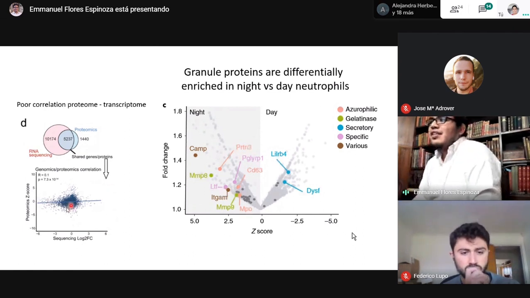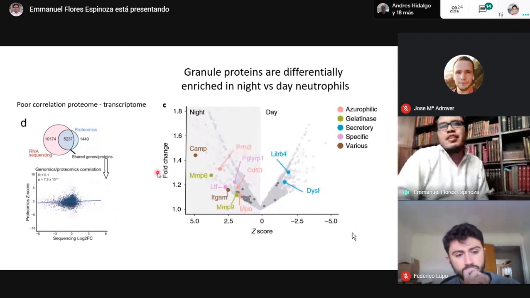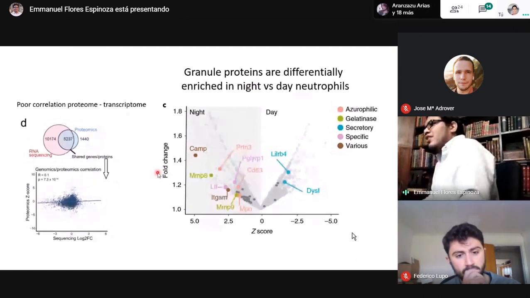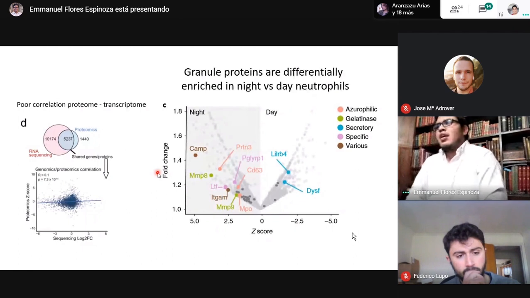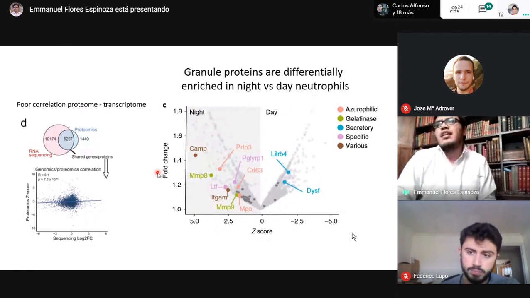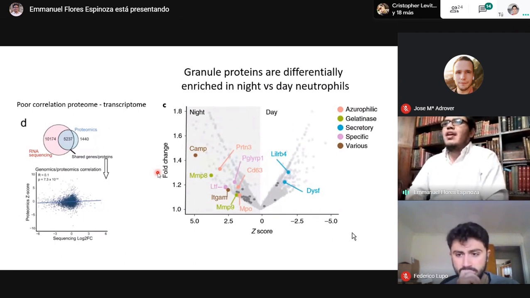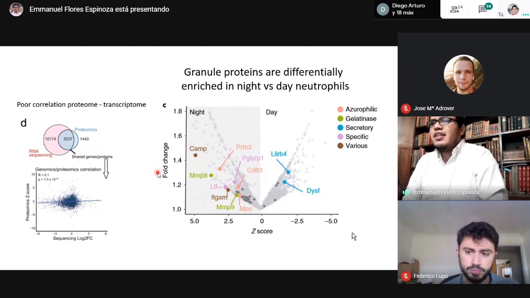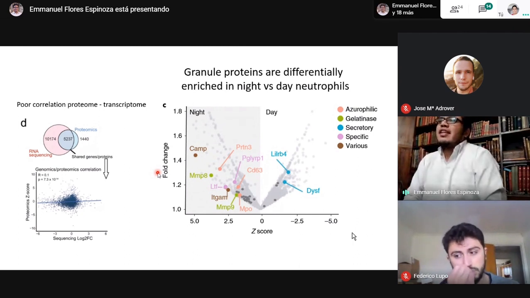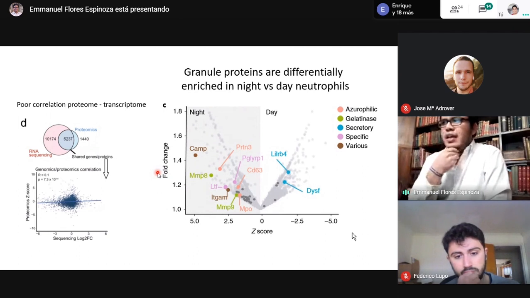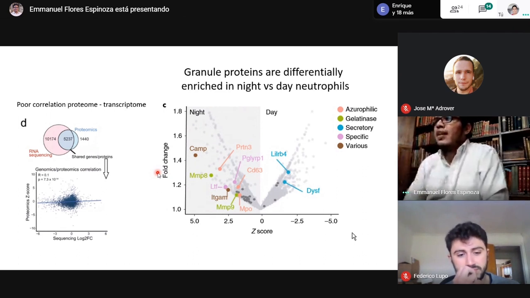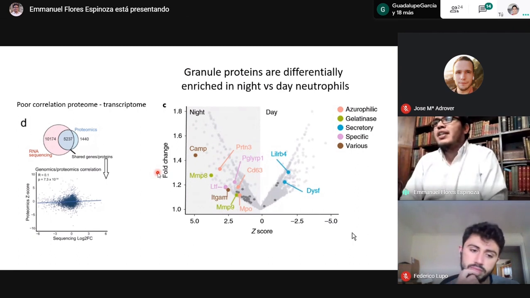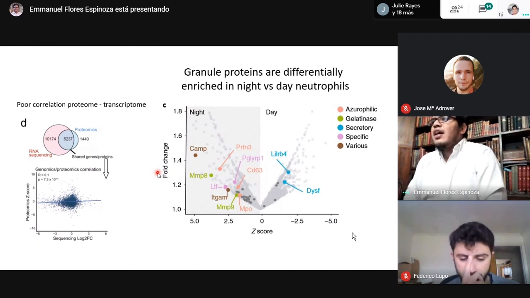This is indicative that the proteome variation between these two populations is not due to a change in transcriptional activity in these cells, and it is logical because the majority of the transcription patterns are established at the bone marrow, but interestingly, also specifically the proteins involved that are present in granules and the proteins that are necessary for NET formation.